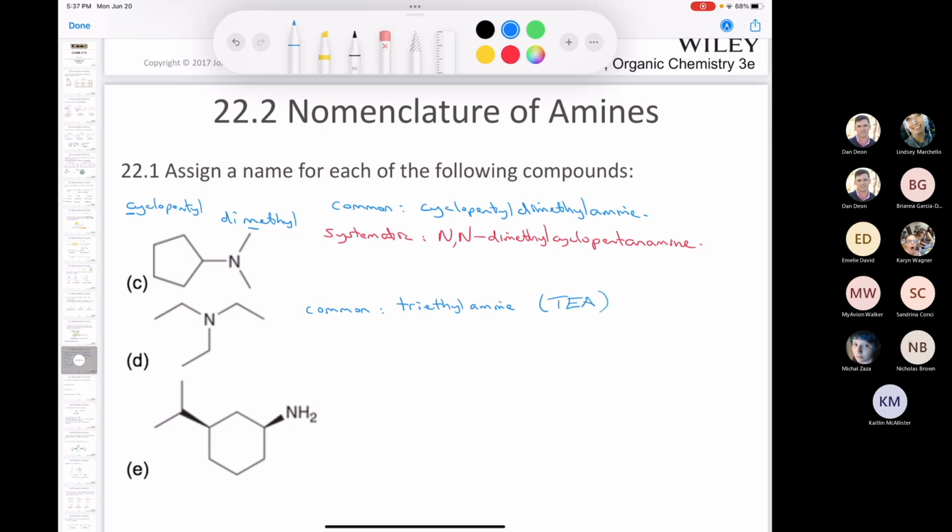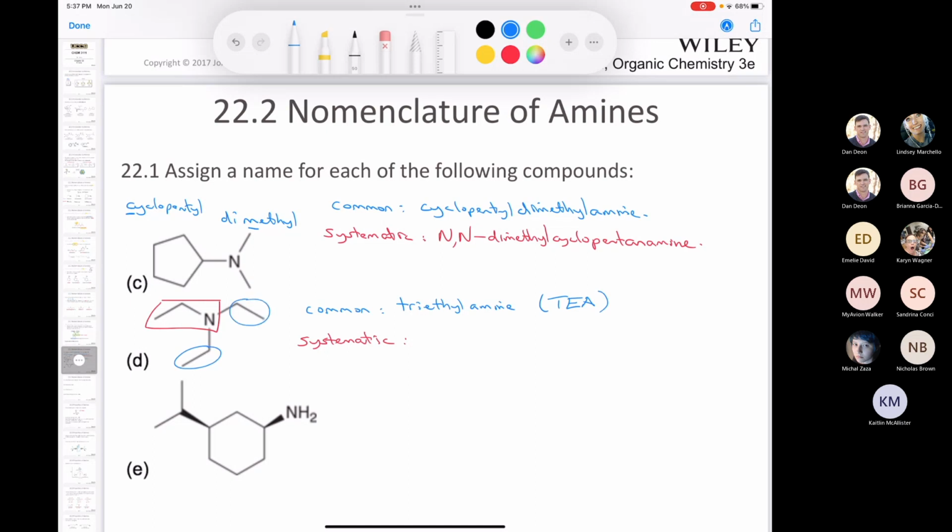Triethylamine. If you wanted to give it a systematic name, which I can't imagine why somebody would, because everybody calls it triethylamine, you would say, okay, here's your longest carbon chain. So this is an ethanamine, and you would call it N,N-diethylethanamine.